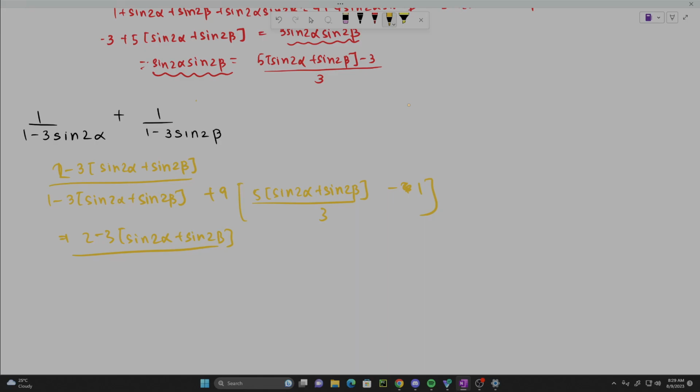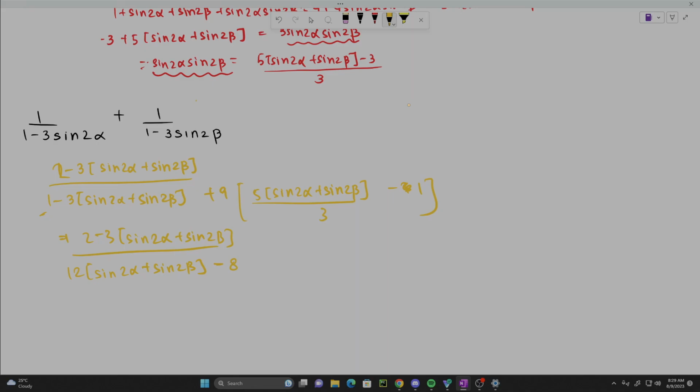So here it's 9 by 3, 3 times 15, this much, 15 times something, and minus 3 is the same bracket, so we can just write 12 times sine 2 alpha plus sine 2 beta, right? And this is just minus 1 times 9, that's minus 9, minus 9 plus 1, this is minus 8.